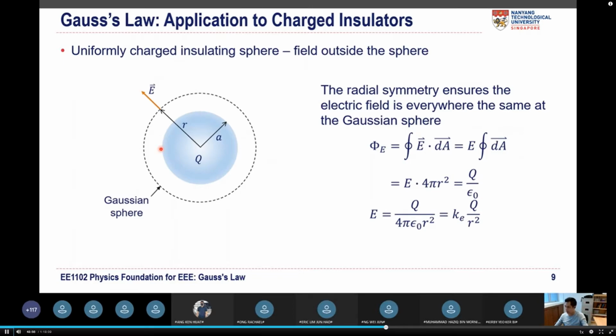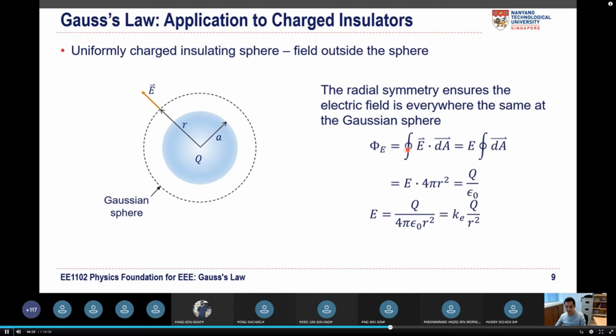The electric field is all going to be the same, and its direction is going to be normal, or perpendicular, to the little surface elements. Okay, so I can write this dot product. That is the little surface element dA on the Gaussian sphere, and when I put this closed surface integral, it means I need to calculate the surface area of the entire Gaussian sphere.